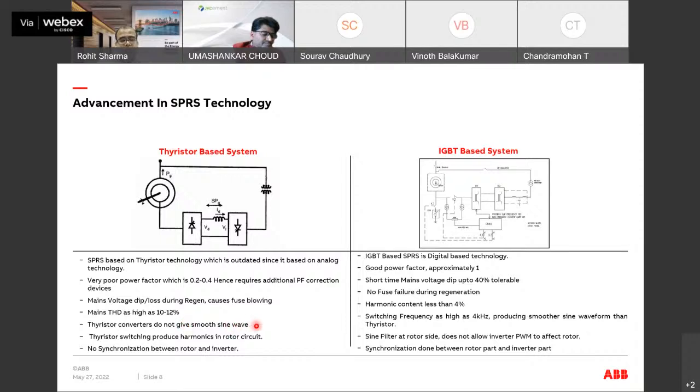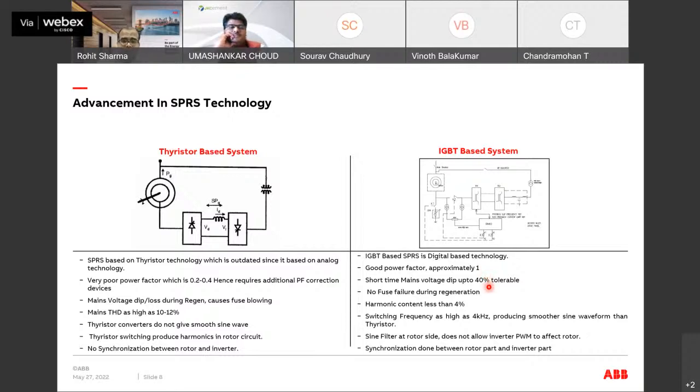And obviously we are not getting a pure sine wave through the thyristor based SPRS system, and due to this issues arise on the rotor circuitry side, and there is no particular synchronization between the rotor circuit voltage level and the thyristor based level. Coming to IGBT based technology, it's a digital technology. Due to IGBT at both the converter and the inverter side, it maintains approximately unity power factor.